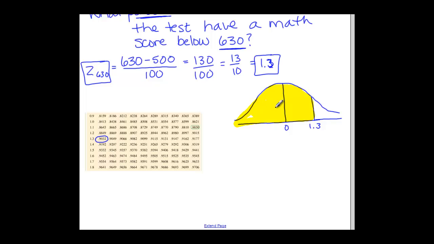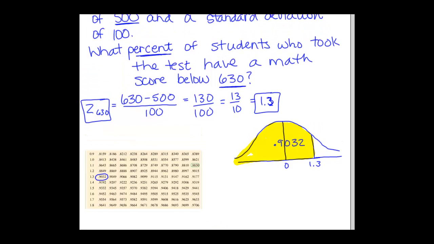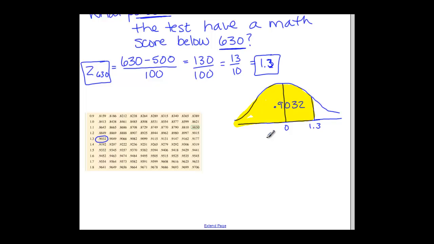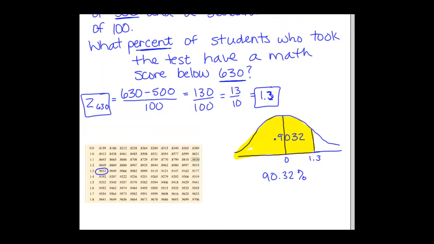So this area is 0.9032, and we've been asked specifically to give the percent of students who have a math score below 630. So that as a percentage, we'd multiply by 100 and get 90.32%. So 90.32% of the students who took the test have a math score below 630.